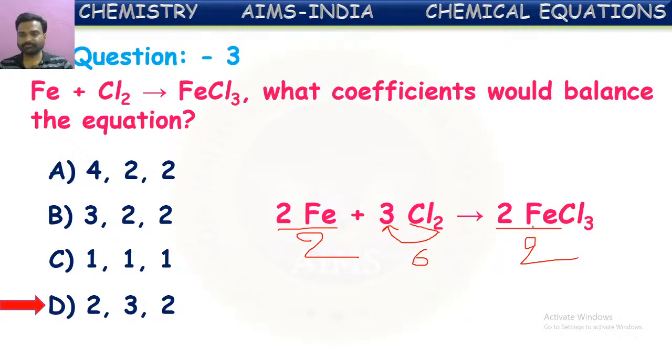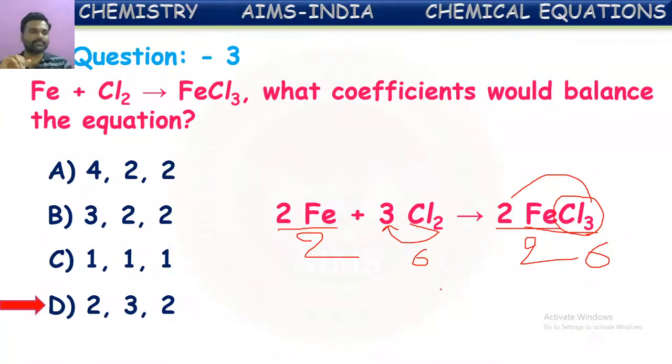See here, in each FeCl3 molecule there are 3 chlorine atoms, but in front there is 2 as a coefficient. So this 3 should be multiplied with 2 to get the total number of chlorine atoms on the right-hand side, that is 6. So all the chlorine atoms and iron atoms are balanced on both sides.